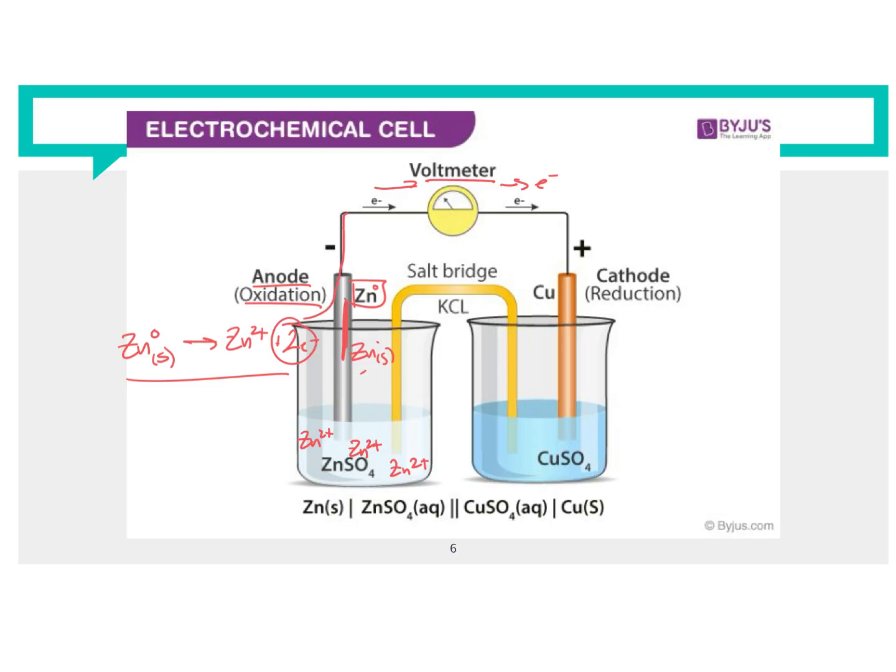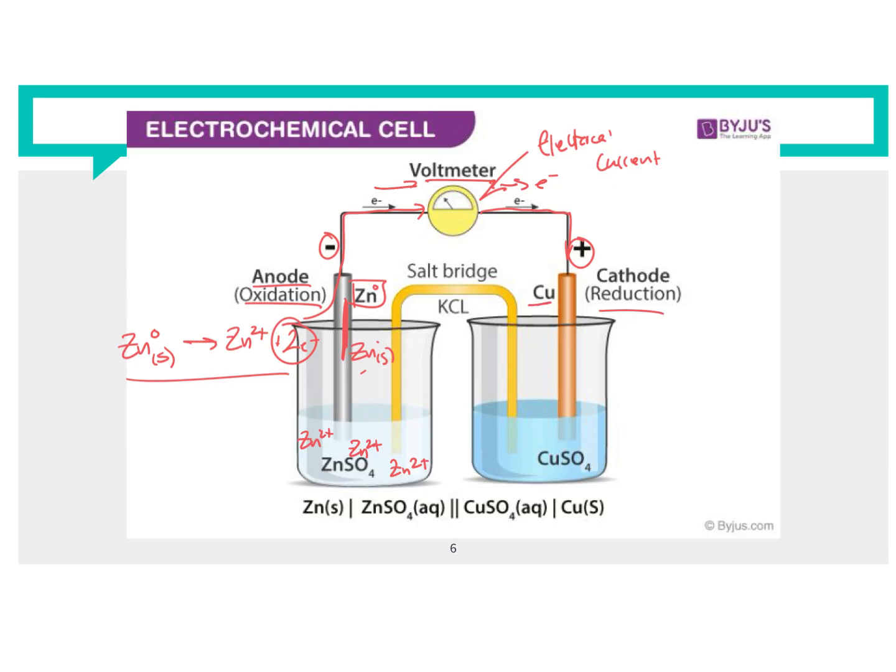Those electrons travel up the wire through the voltmeter, and that is how you measure the electrical current. You measure the flow of those electrons. It goes from the anode, from the negative, to the cathode, where the reduction occurs.